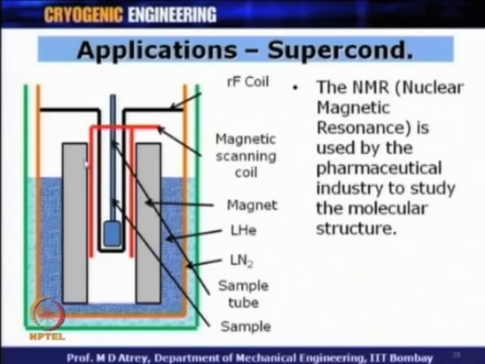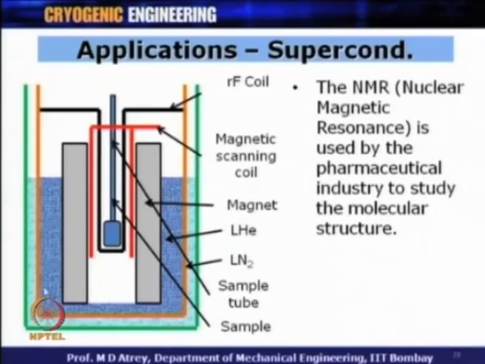What you can see here is a superconducting magnet, and in this superconducting magnet I have a small sample of a chemical of which I want to study certain properties. In order that this magnet becomes superconducting, it can be kept dipped in liquid helium, and one can have liquid nitrogen outside.